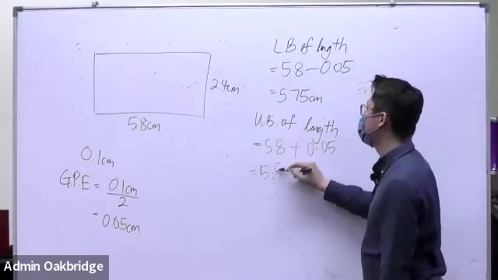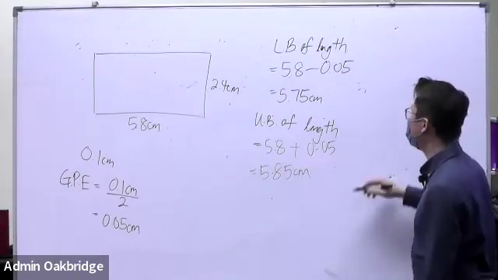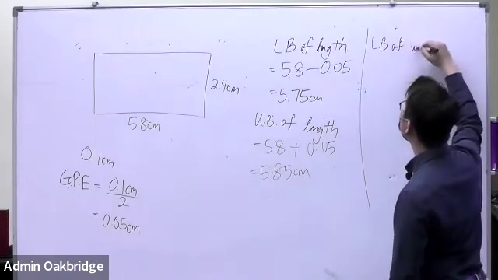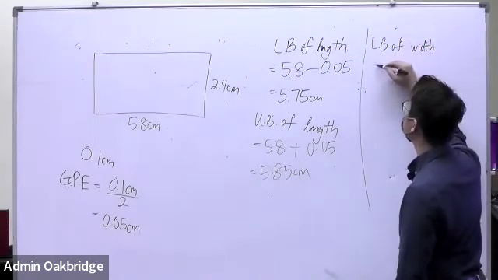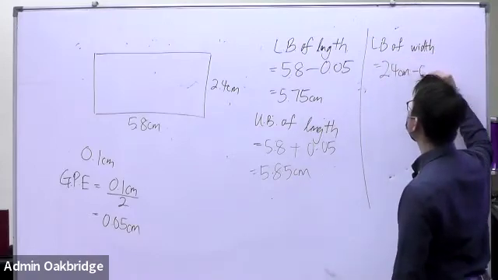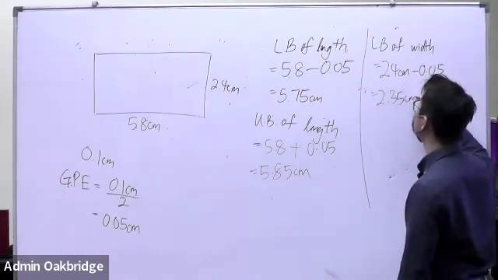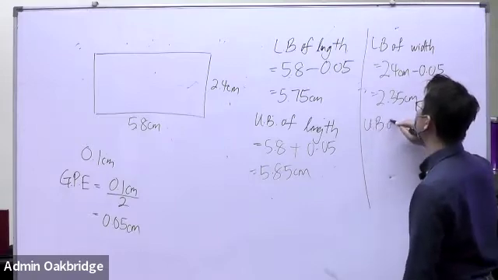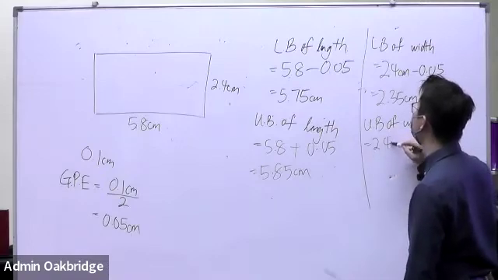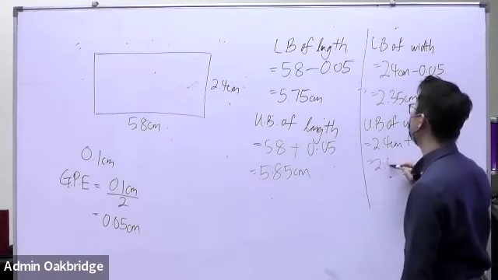You have 5.85 cm. Lower bound of the width: 2.4 minus 0.05 gives you 2.35 cm. Upper bound of the width: 2.4 cm plus 0.05, and you have 2.45 cm.